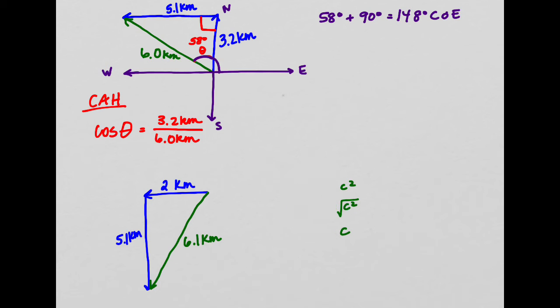What I want to know now is the direction. Since I've already done the sine and cosine, I'm going to do tangent, TOA. So tangent is equal to the opposite. Here I have my 90-degree angle, and the angle that I'm looking for is right here, theta. If you can't remember whether to put theta here or up here, an easy way to think about it is, where is the axis origin?